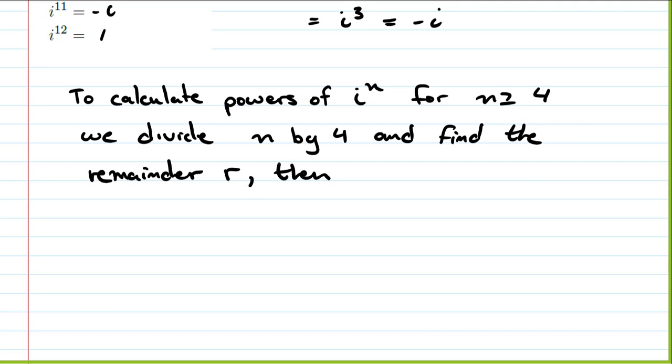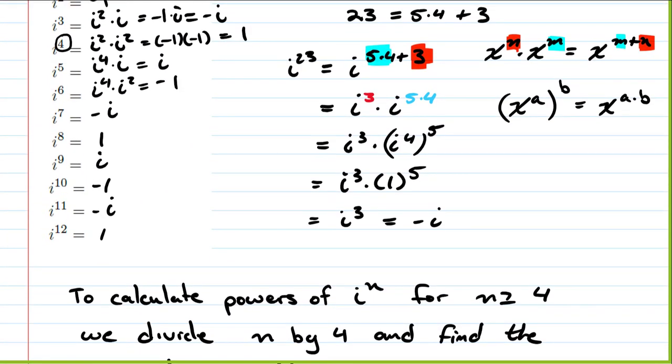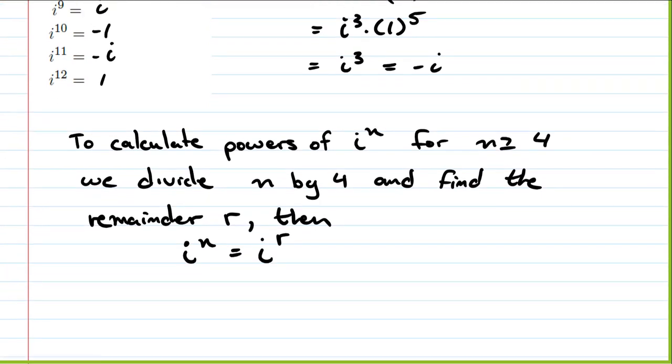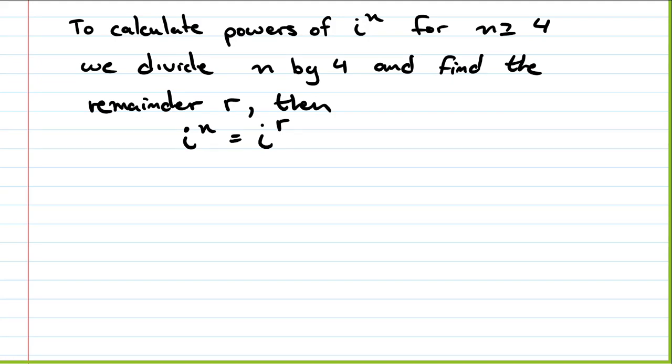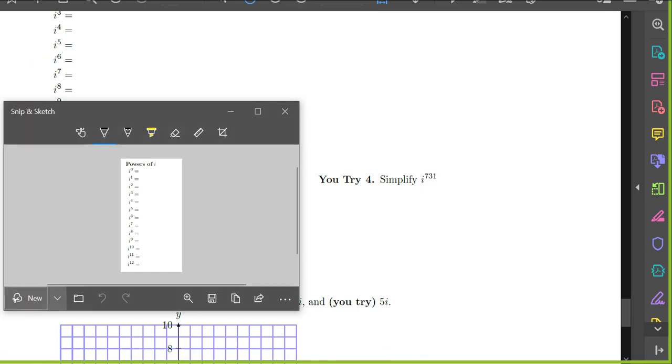Then i raised to the nth power is going to be the same as i to the r power. So when we do that division of the exponent by 4, we don't actually care about the whole part. We only care about the remainder, because the whole part is going to turn into this i to the 4th raised to some power, but i to the 4th is 1, and multiplying by 1 over and over and over again isn't going to change anything.